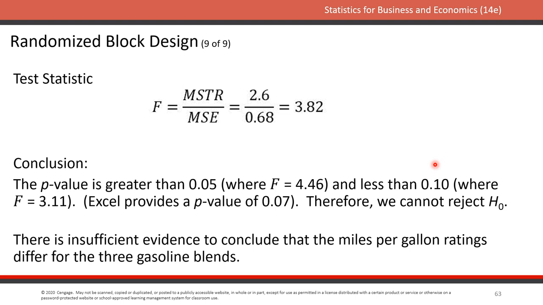But again, that sounds pretty nasty. What made a lot more sense in this case, because I know that automobile varies greatly in gas mileage, was to treat automobile as a blocking factor, use each automobile for all of the different factor levels of the factor I was interested in, and then run that experiment.